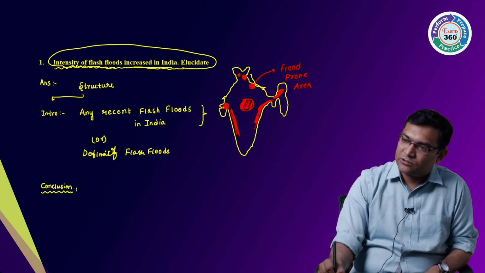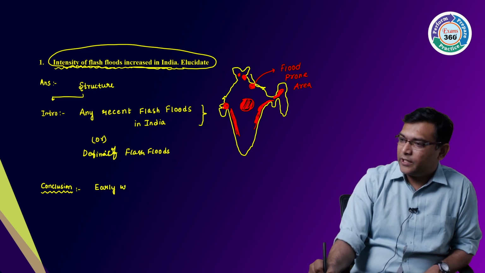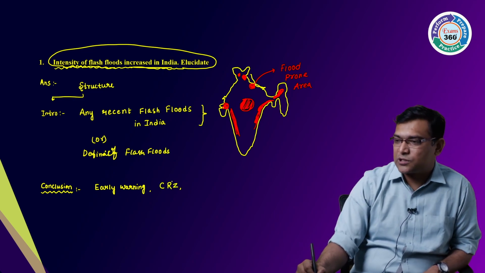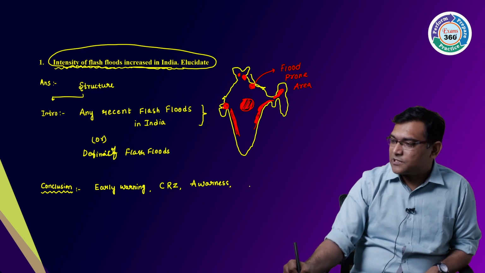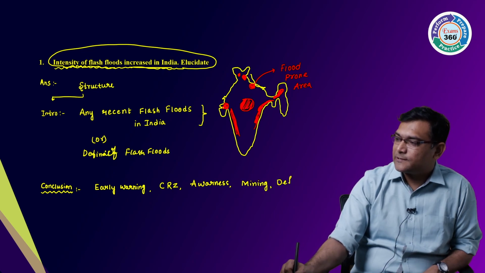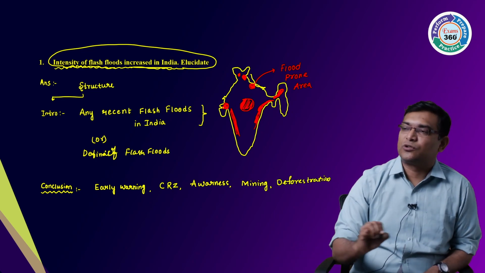Conclusion can be drawn that early warning system has to be strengthened, and coastal regulation zones, regulating of coastal zones, then also awareness camps, strict regulations on mining, deforestation, etc. So from here you can draw the conclusion also.